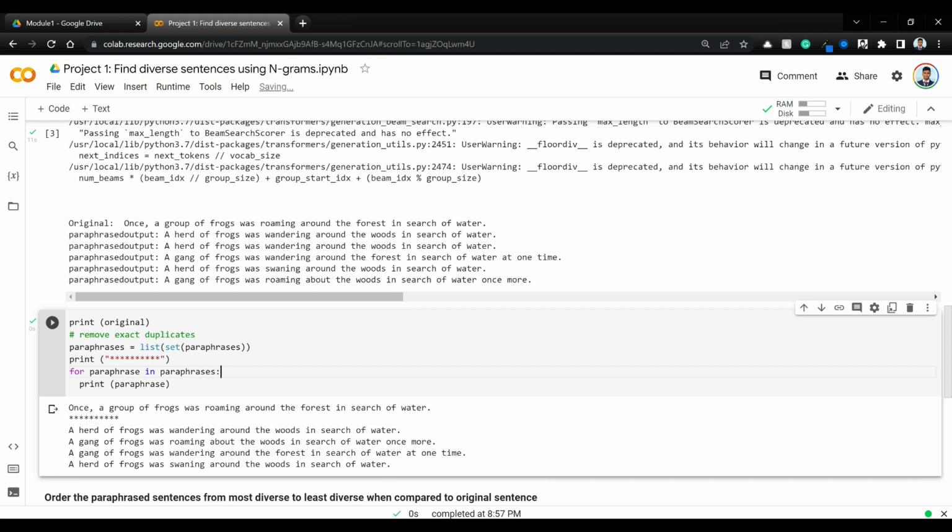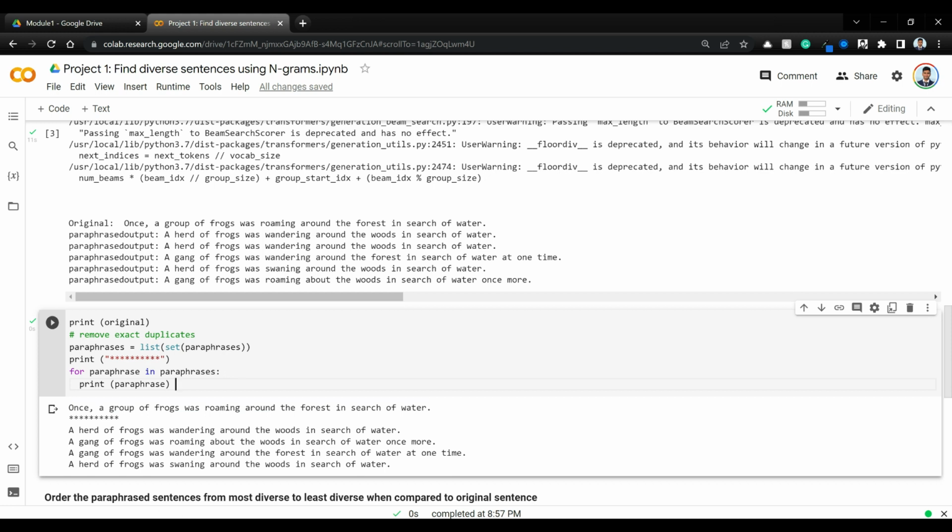Now the task for you is to order the 4 output sentences, or however many output sentences you have, in descending order of diversity. What I mean by that is, sort these 4 sentences such that the first sentence is the most diverse from the original sentence and the last sentence is the least diverse from the original sentence.